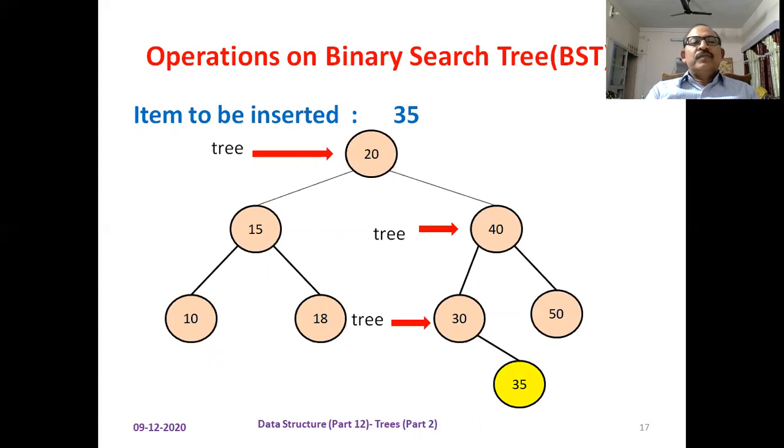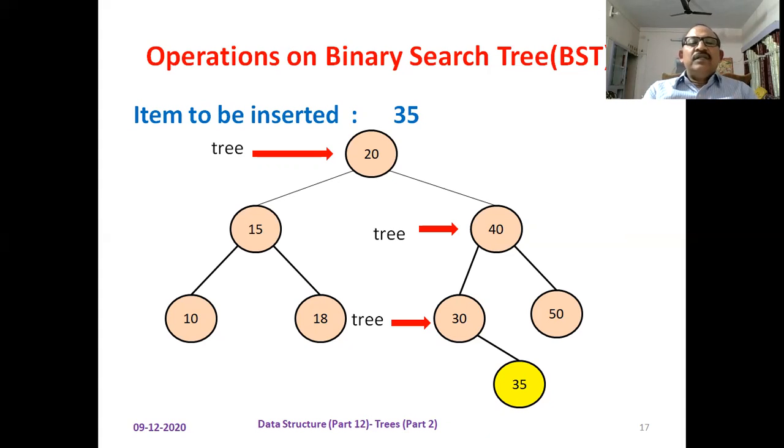Suppose we want to insert the node 35 in an existing binary search tree. Here you can see the binary search tree contains the nodes 20, 15, 10, 18, 40, 30, 50. And here we want to add the item 35.